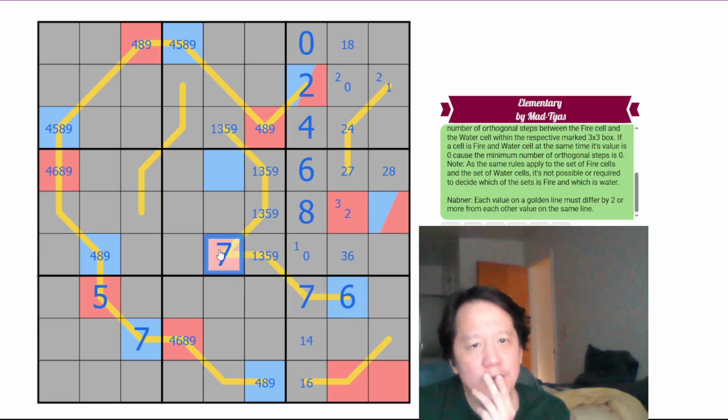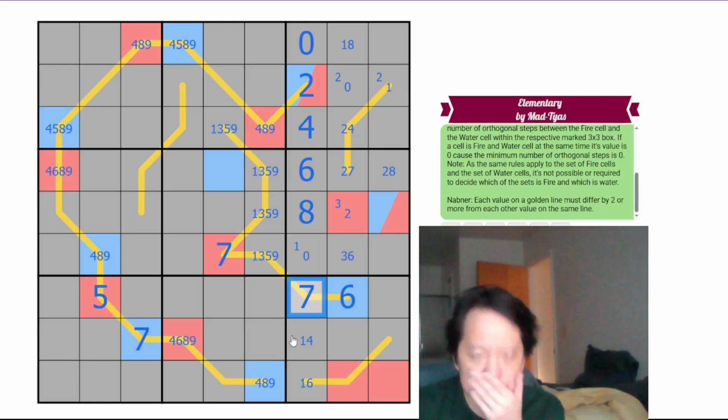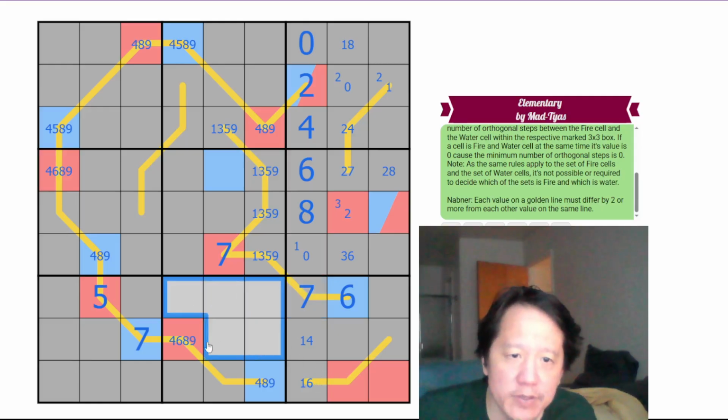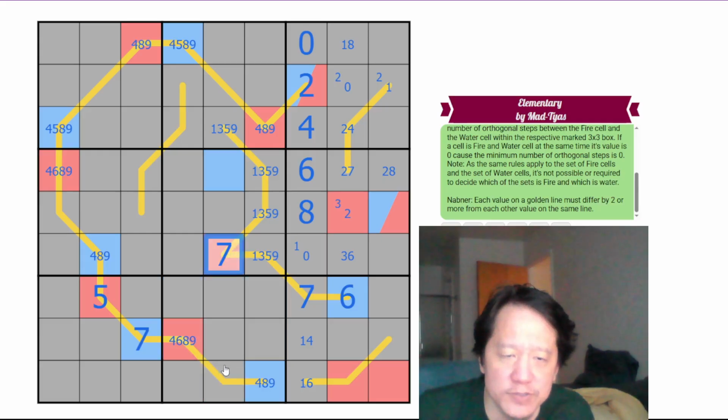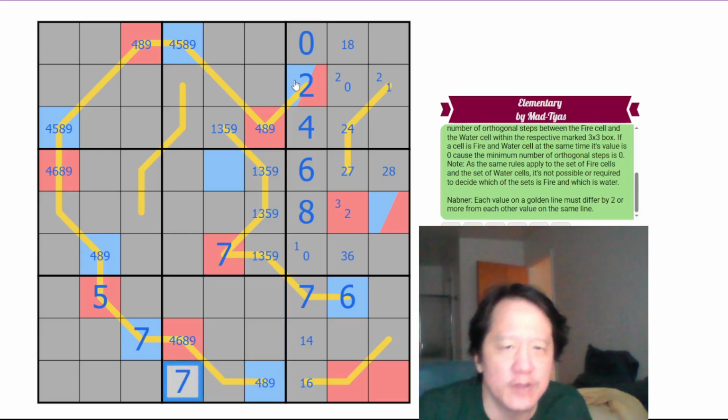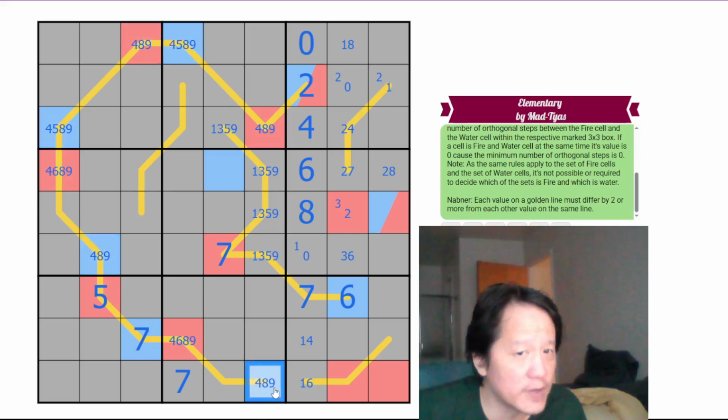This would be value 14 to be 2 away. We have 1, 3, 5, 7, 9 here. That means 7 could not be here or here. It can't be here because of 7 in the column, so 7 would have to be there. So far, that's looking okay. We have a 4, 5, 8, 9 quadruplet in the blue set. That's fine, though.